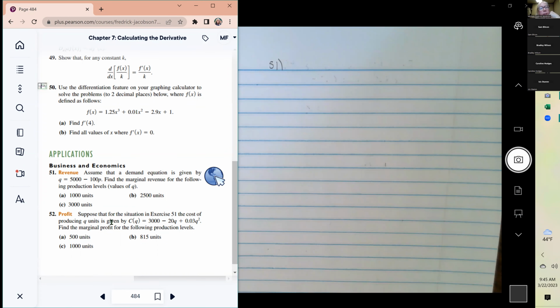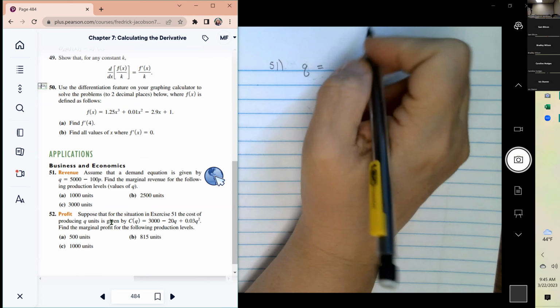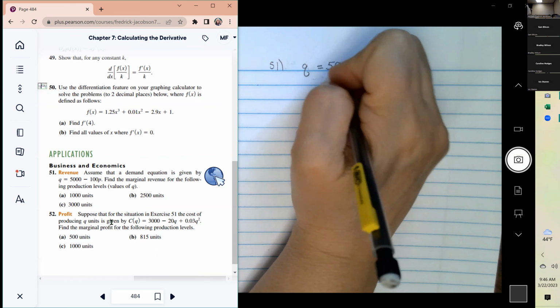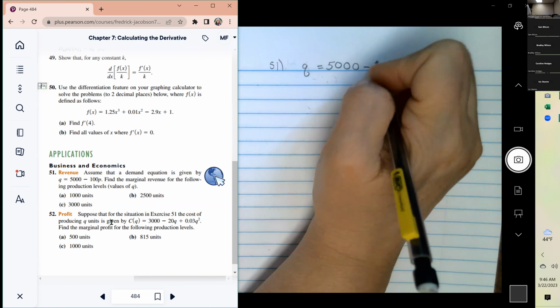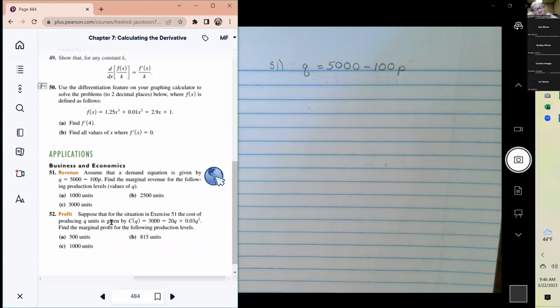Assume that a demand equation is given by Q equals 5,000 minus 100P. Find the marginal revenue for the following production levels or values of Q. Okay, so first thing, remember revenue is price times Q. And so we need to solve this for the price because they want to give us values of Q to plug in.